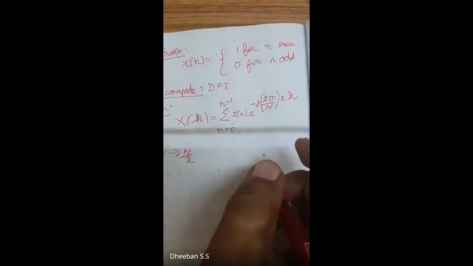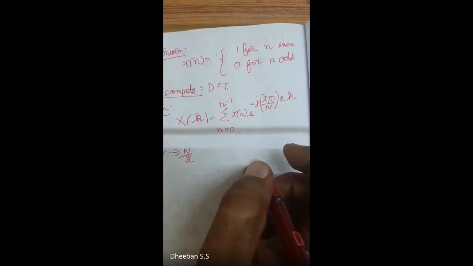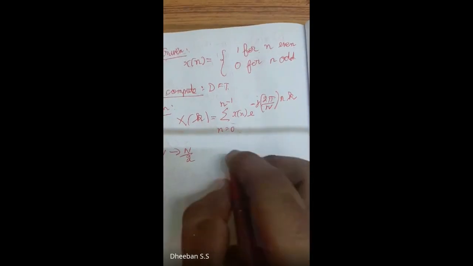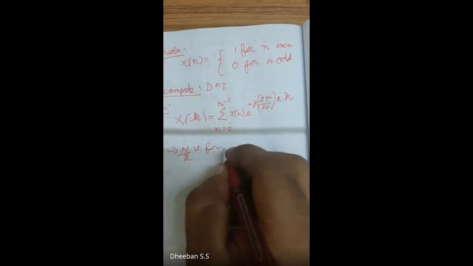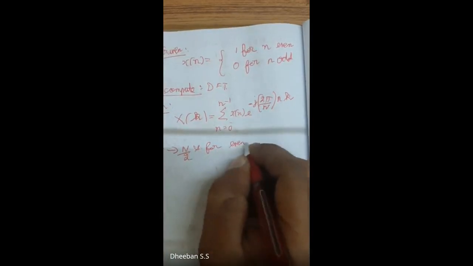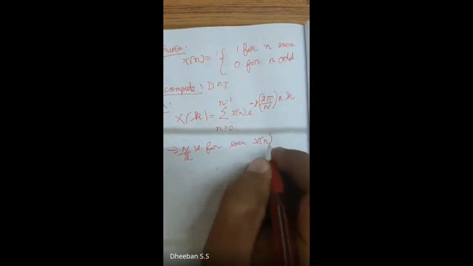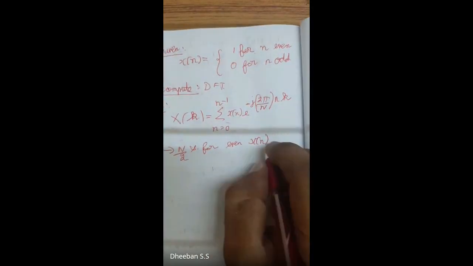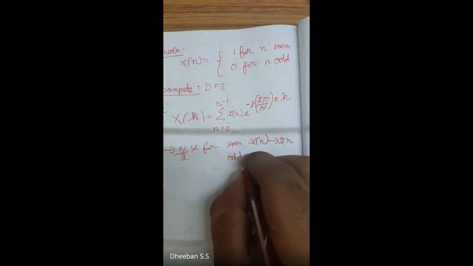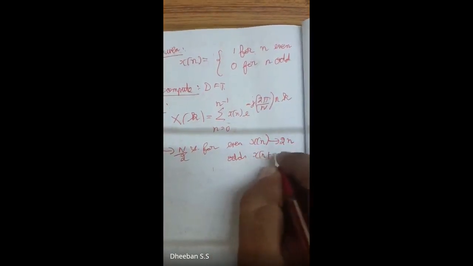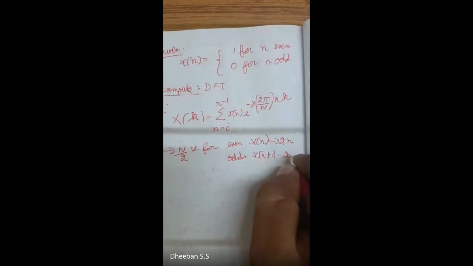Okay, so by substituting that, you will be getting the values, and your function for even, your x of n will be tending to, you can take it as x of 2n, and for odd you can take it as x of 2n plus 1.